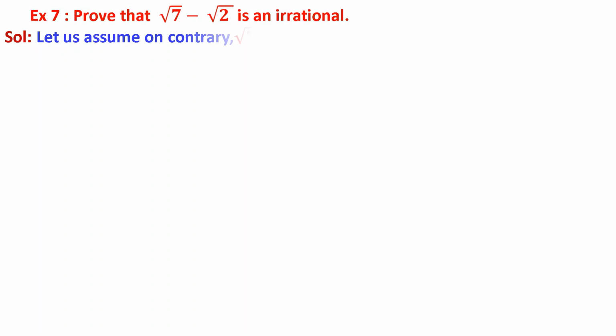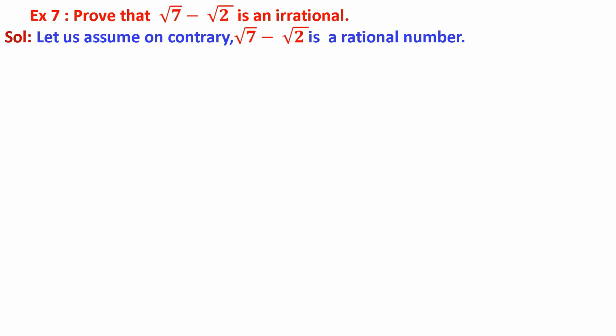Now one more example: root 7 minus root 2 is irrational. Let us assume on the contrary, the same: root 7 minus root 2 is a rational number.